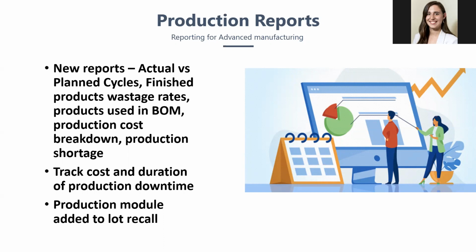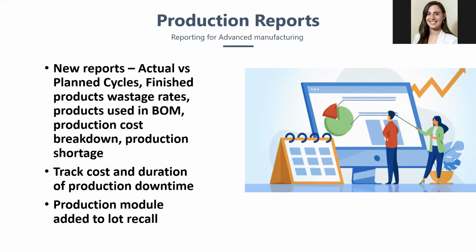Products used in production BOM: this report shows you a list of all the products within the production BOM. Use this report to see products, BOM components and resources, and view quantities required for production for each BOM version. That's a pretty good report to get a quick detailed view of all the BOMs and all the requirements.